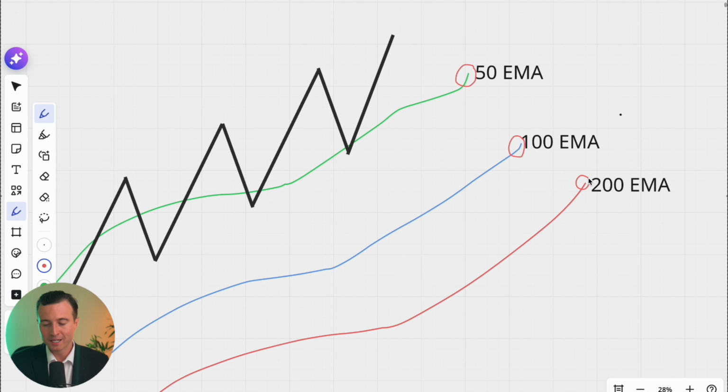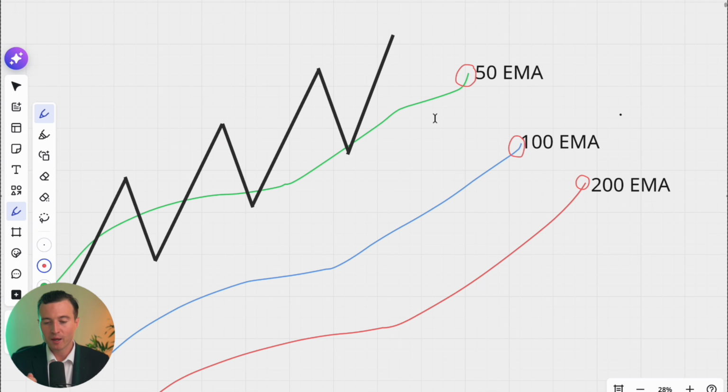So that will mean that you're only going to be looking for long positions. So this is a very, very simple way to understand when you're going to be looking for long trades.